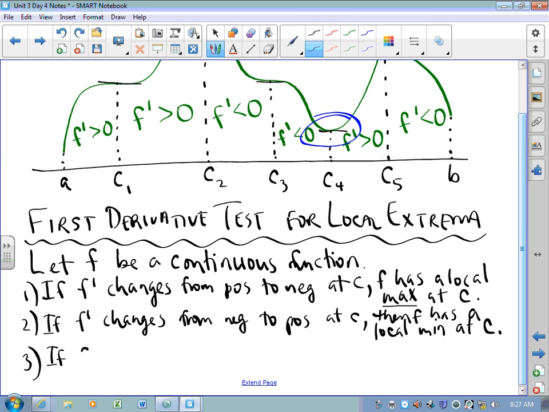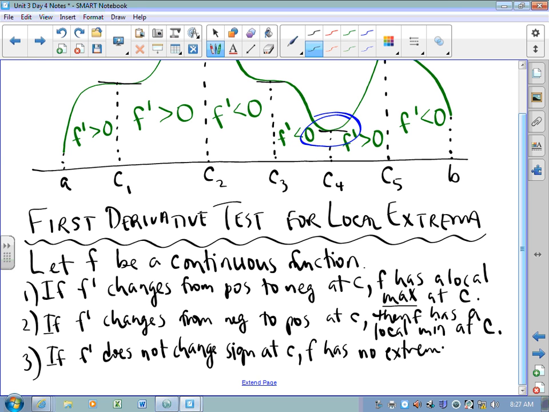And if f prime does not change sign at C, f has no extremum at C. And this is exactly what the picture tells us.